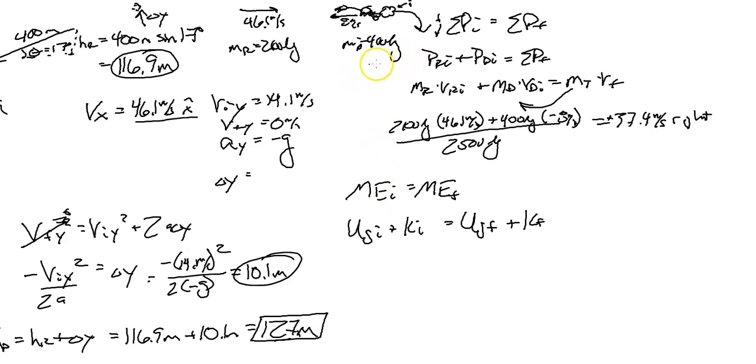We should probably set our 0. Since this is going all the way to the ground, let's set that as our 0 potential energy, and that would be with the final there, which would make that 0. Makes sense that it has gravitational initial because it's up here in the air. You'll remember from last time, the height at the very peak was 127 meters, so that's going to come into play here.